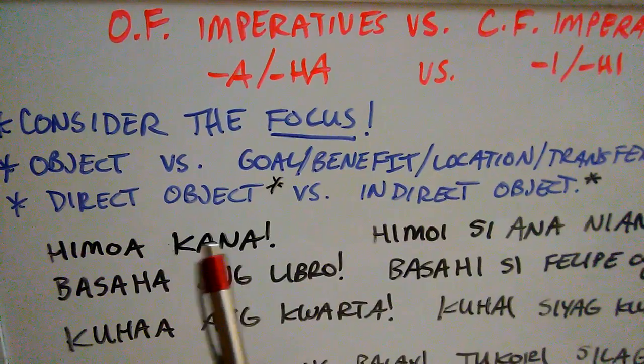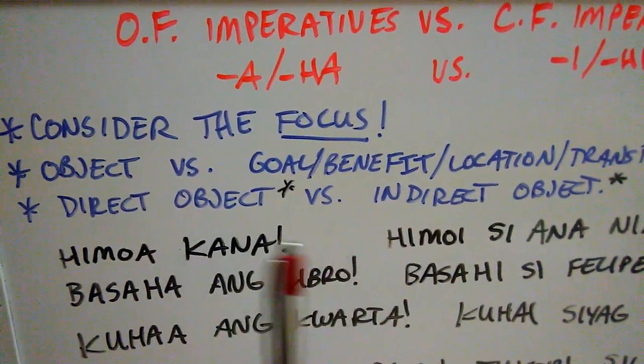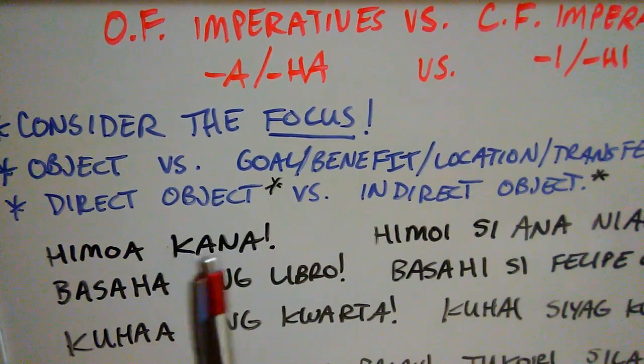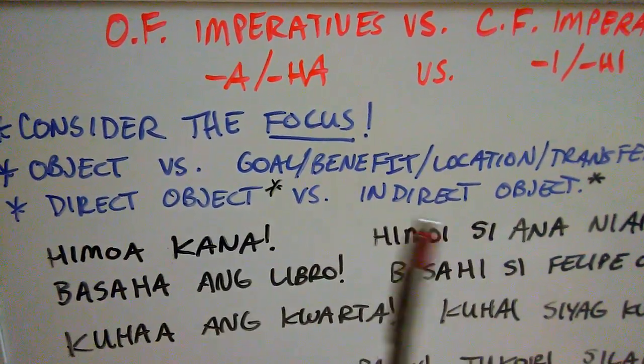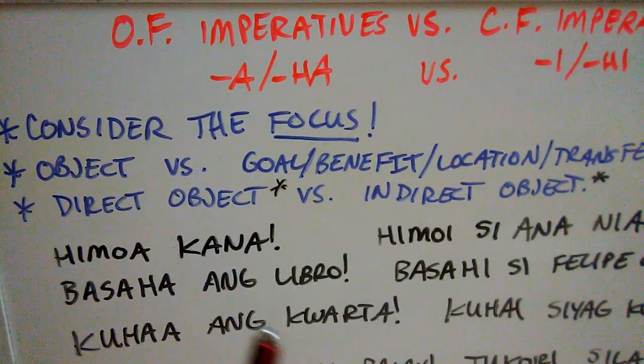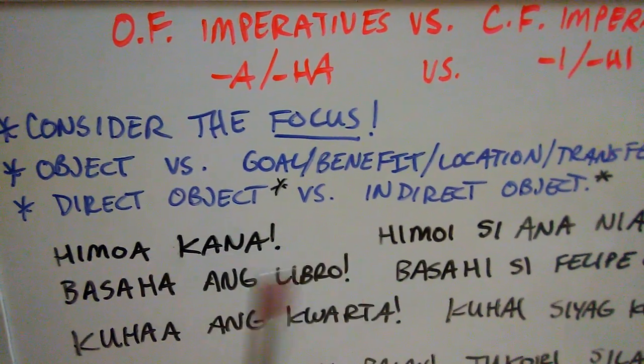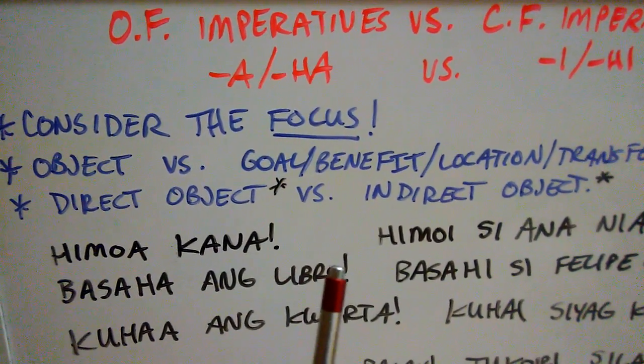And down here, I put, to help out, maybe you can look at it through this perspective, as in looking at it through the direct object versus the indirect object, okay? But I don't know if that's exactly true, though if you look at it through that perspective, it could be a good help to you.